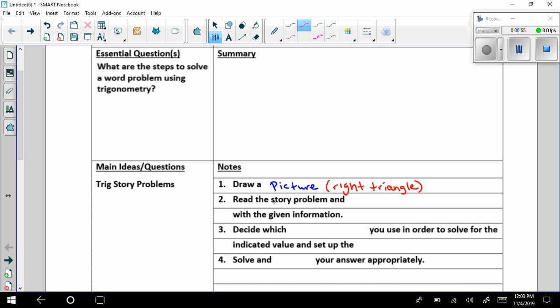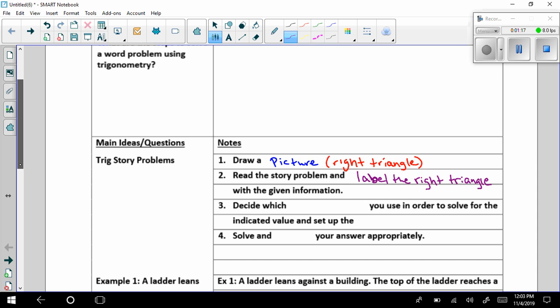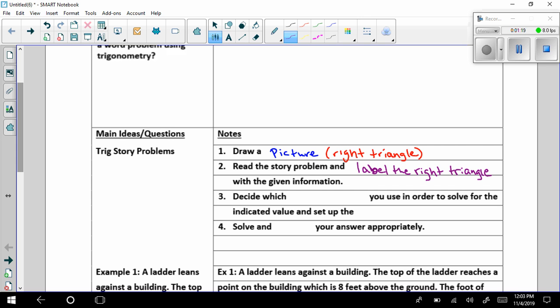Okay. Read the story problem and then label your triangle with your given information, so your angle of interest, the sides that they give you, and all of that.